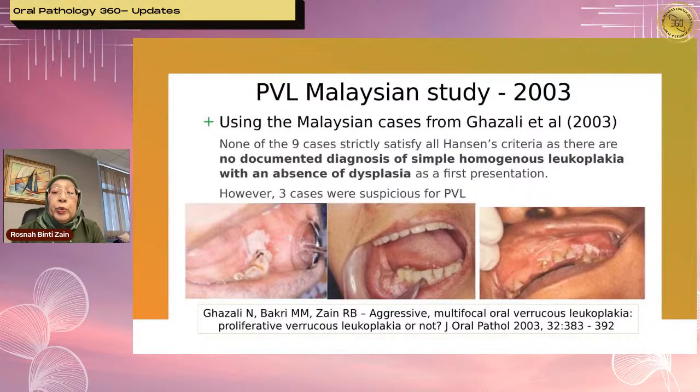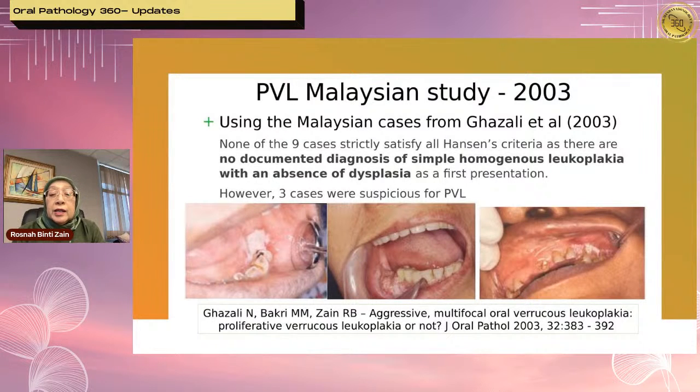And the thing with our cases is that they come late. There may have been a simple homogeneous leukoplakia at the start, which we do not see, because patients come in already at moderate or advanced stages where they have multiple lesions, which are a combination of simple homogeneous leukoplakia, verrucous hyperplasia, or even carcinoma.